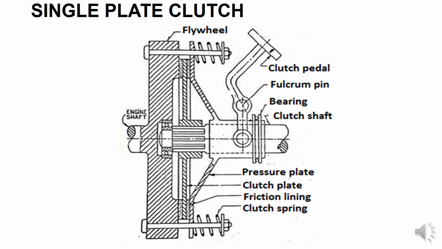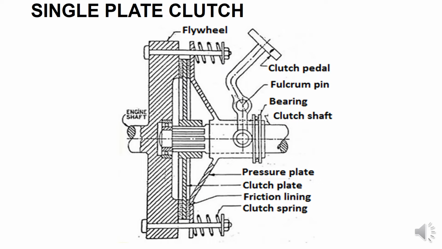When it moves right, the whole set of the pressure plate moves back, and the spring also compresses. Then the clutch plate automatically gets released, so the friction lining is not engaged with the flywheel, and the power is not transmitted.